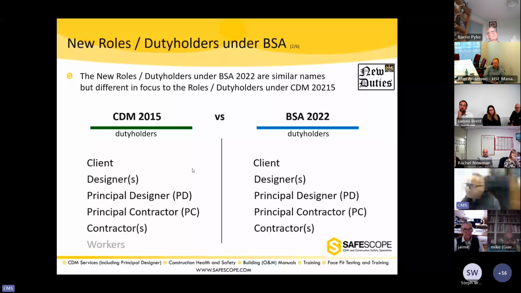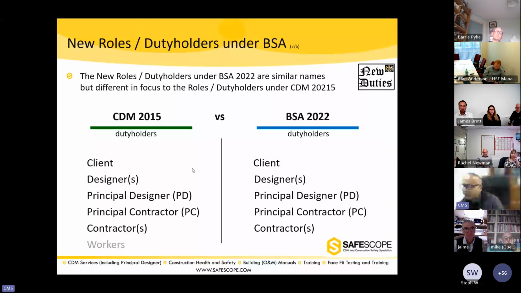Now, under the Building Safety Act, there is a parallel, similar sort of arrangement. The client will have duties. Of course, there won't be two clients on a project, so it will be one client, and they will have to look after the CDM duties and also their Building Safety Act duties. Designers, the same set of designers will have duties under CDM, but also duties under the Building Safety Act. Now, the situation gets very difficult when it comes to the principal designer. Under CDM, there could only be one principal designer. Fine, that person will stay to look after the CDM.